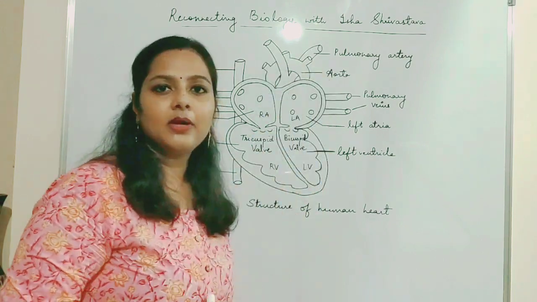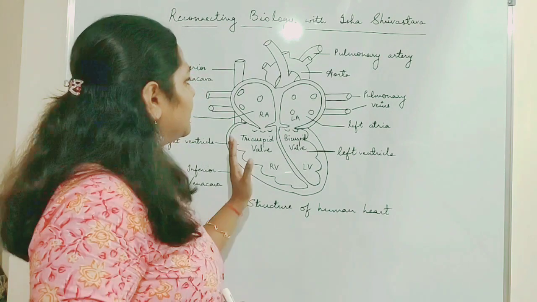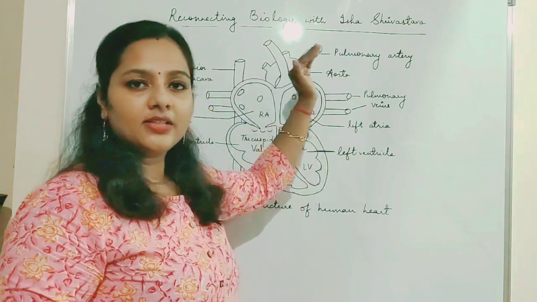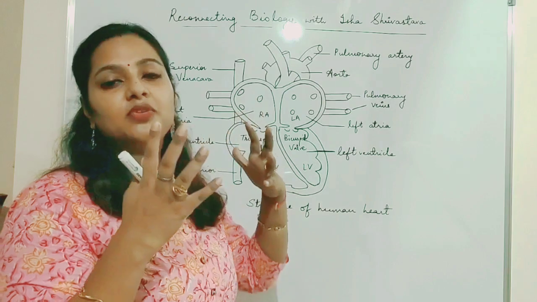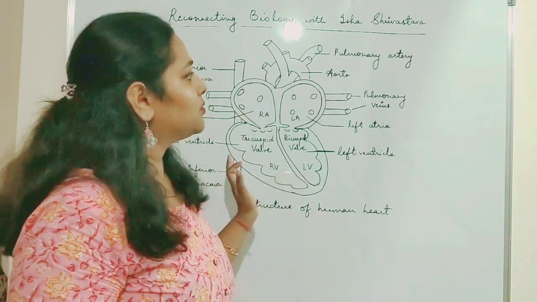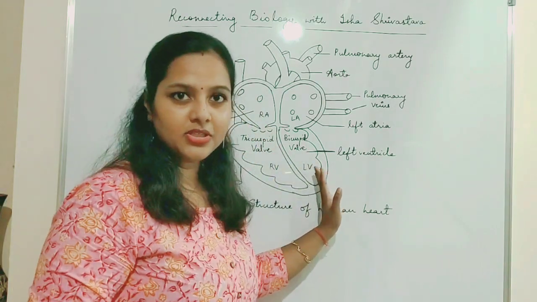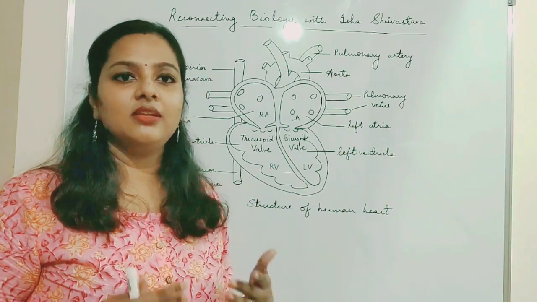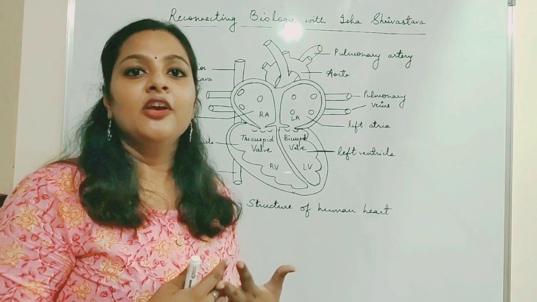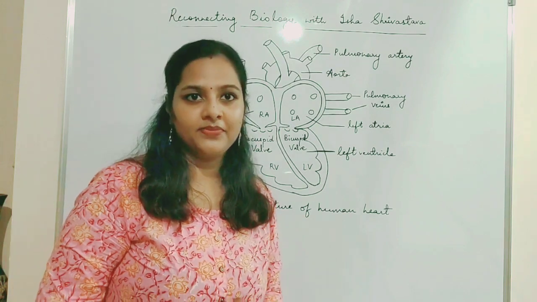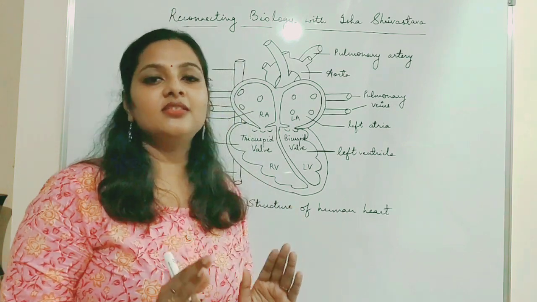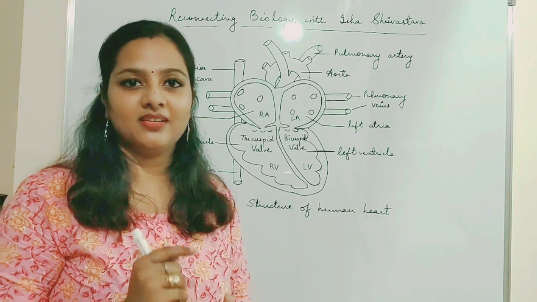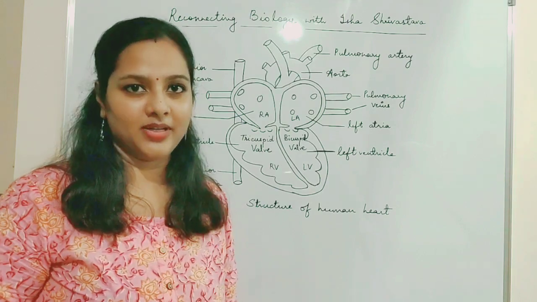We will not discuss those branches now, but simply you can say the aorta is the largest blood vessel, with the biggest diameter, the strongest, which will carry the blood from the left ventricle to the rest of the parts of the body. It will split into different branches, and this is how the blood will flow into the rest of the body. This is the process of how blood circulation takes place in the human body.